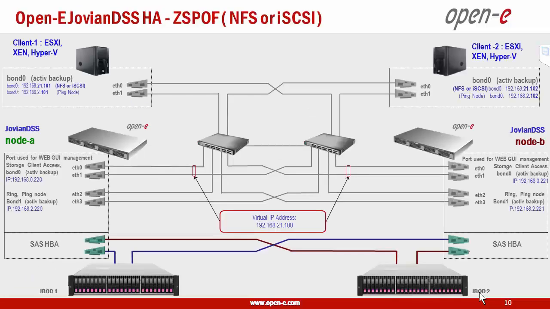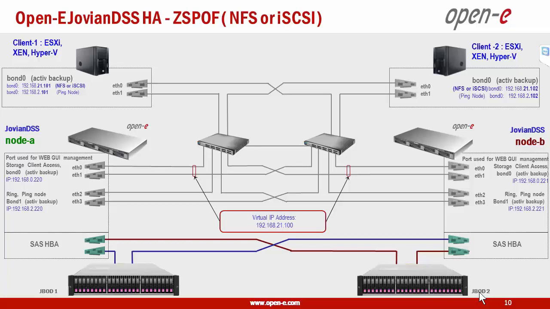So this is a setup where it's not hyper-converged, just a regular situation where you have virtualization on a separate server and Jovian on a separate server. That's one option, where we have two JBODs connected with the SAS HBA, and we have 4 ports.